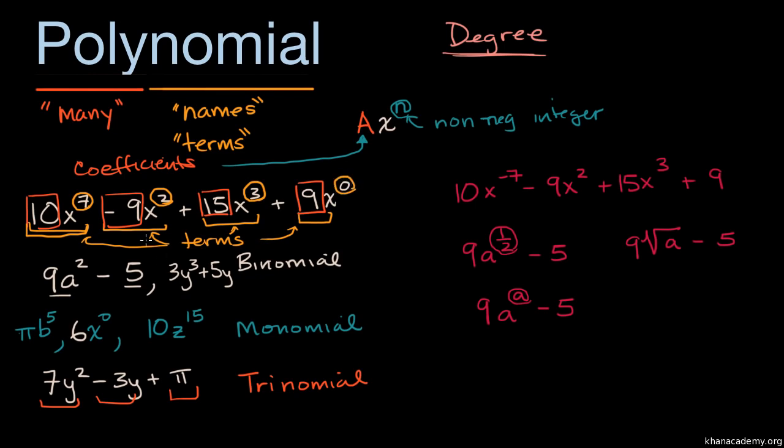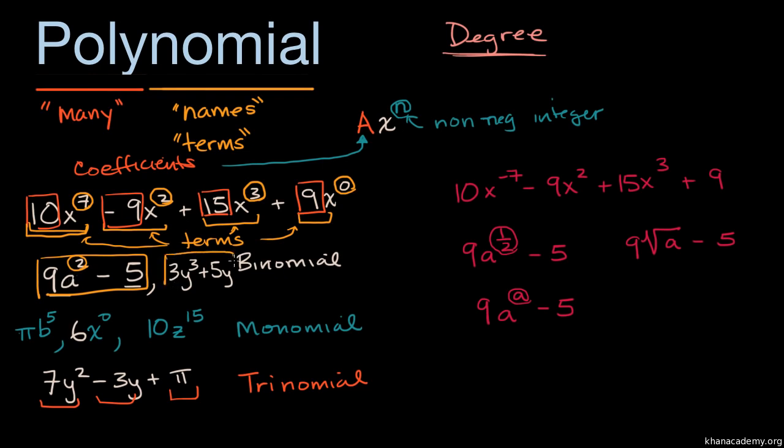Now, if people are talking about the degree of the entire polynomial, they're going to say, well, what is the degree of the highest term? Or what is the term with the highest degree? That degree will be the degree of the entire polynomial. So this first polynomial is a 7th degree polynomial. This one right over here is a 2nd degree polynomial because it has a 2nd degree term, and that's the highest degree term.